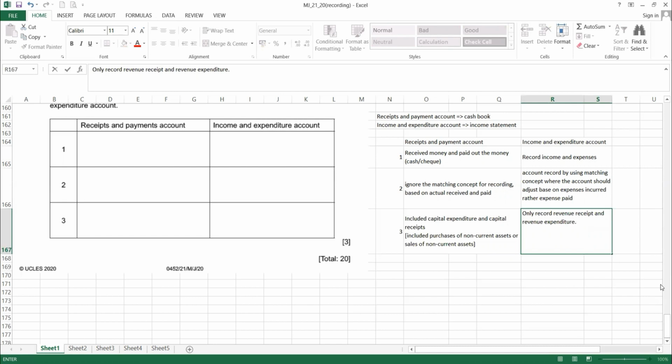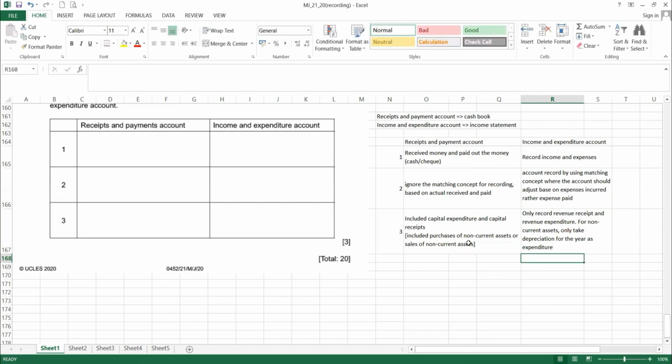For non-current assets, only take the depreciation for the year as expenditure. Okay, so that is some idea about the receipt and payment account and income and expenditure.